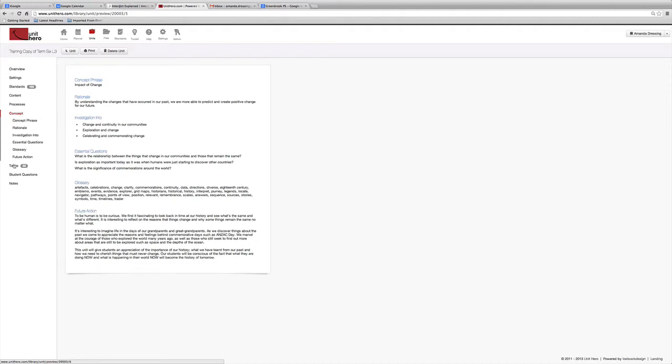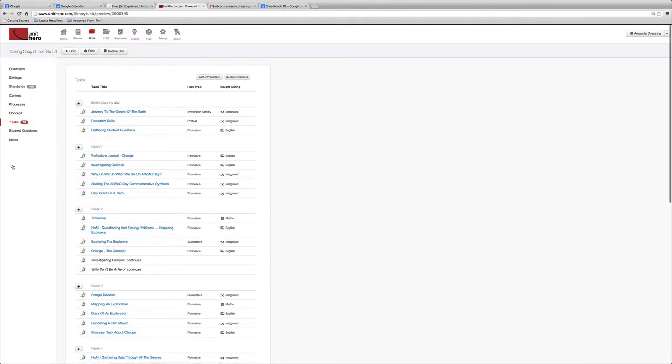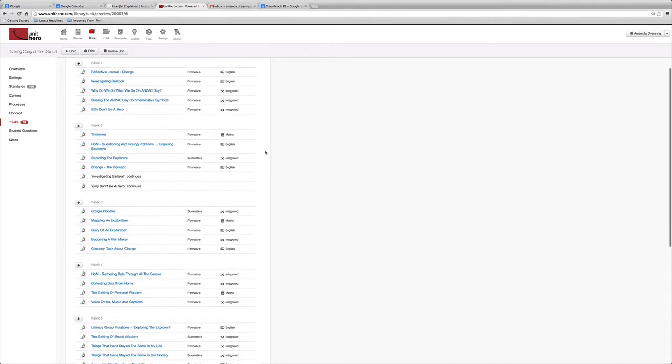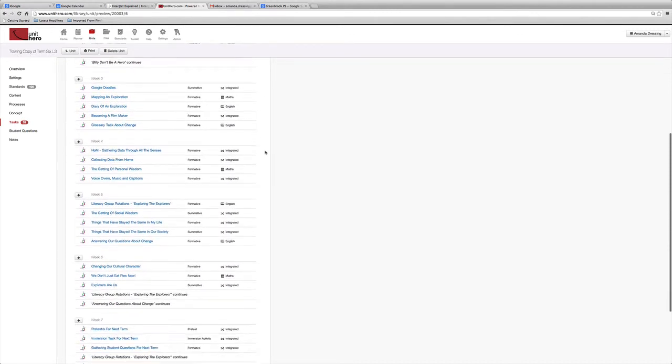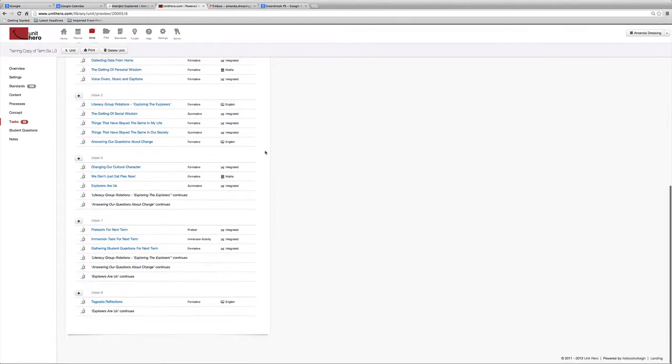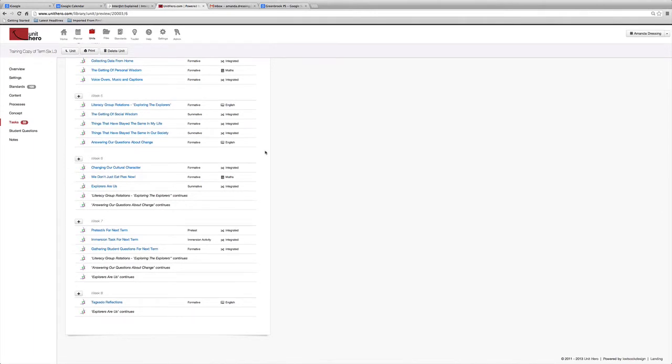Then we go to the guts of it, into the tasks. When you're looking at the tasks, they're all important, but it's very important for you to start at the end. The units are written using the concept of backward design. And so what we do is we look at the standards that need to be met in a unit.